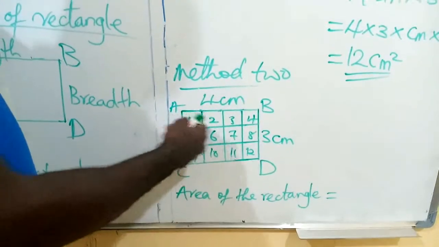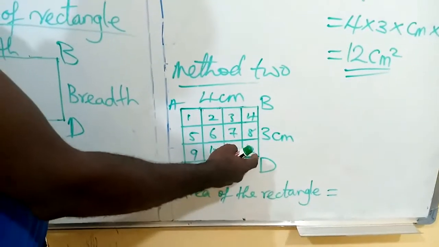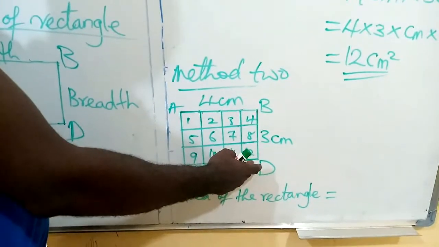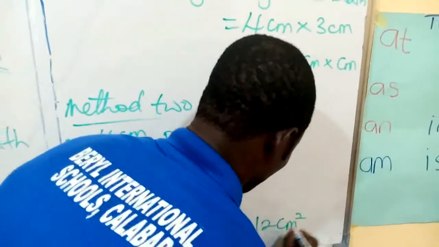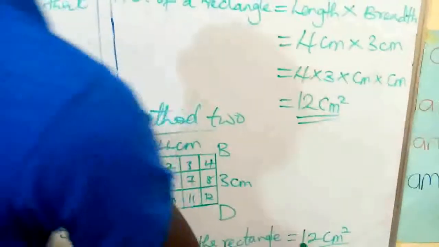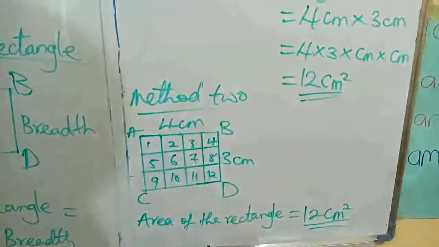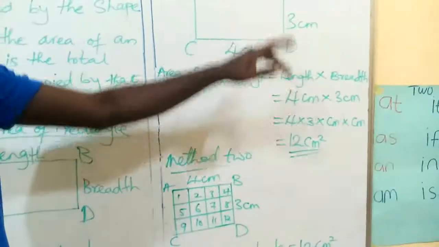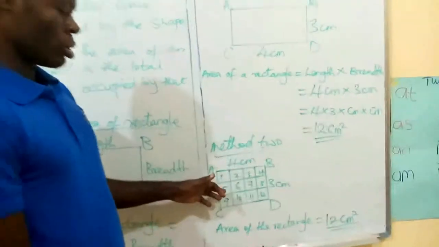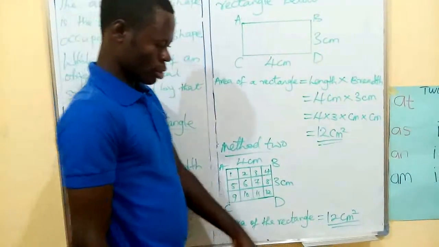So that helped us to arrive at the correct answer, 12 square centimeters. Where is 12 centimeters square? You can see this answer is the same with this, showing that you can either use this method, which is the formula method, or this other method, which I call the proving method.